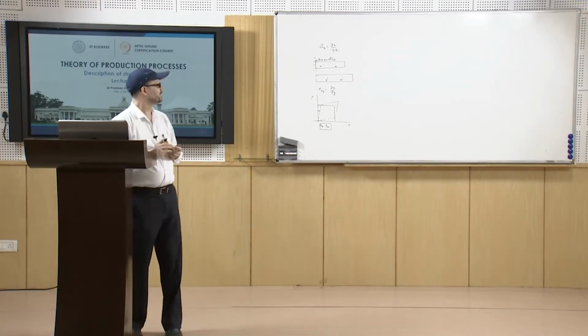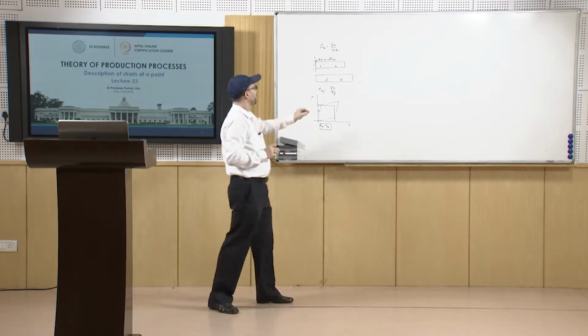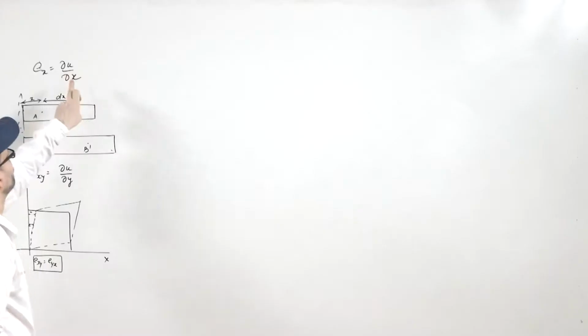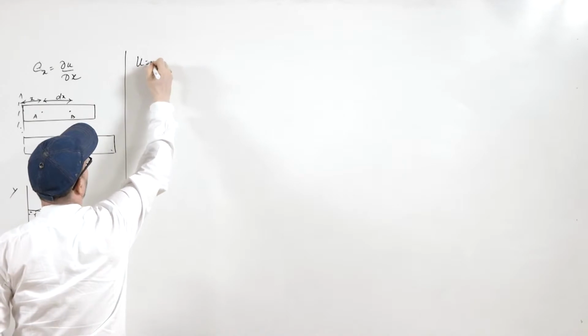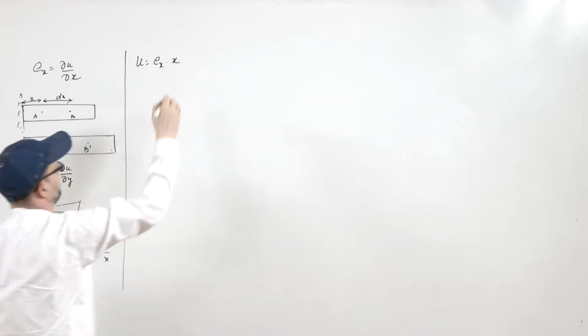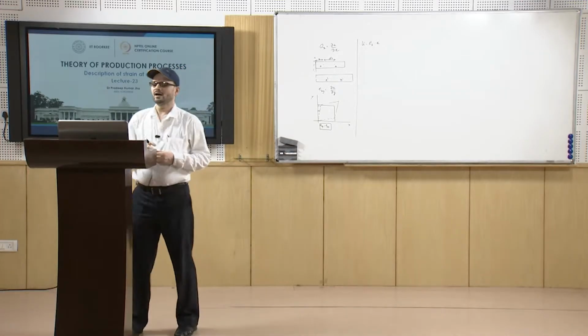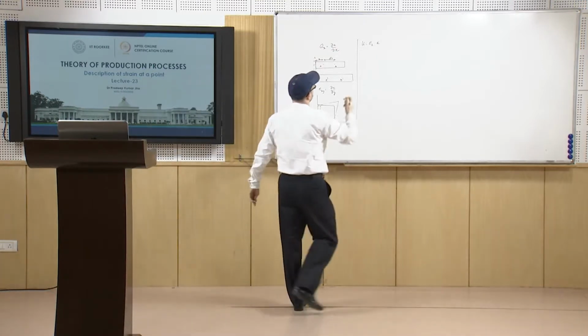Now, u will actually be Ex into x. For a particular value you can write u as Ex into x. So you can define the displacement components like ui will be Eij xj.